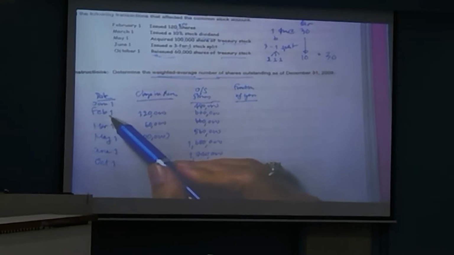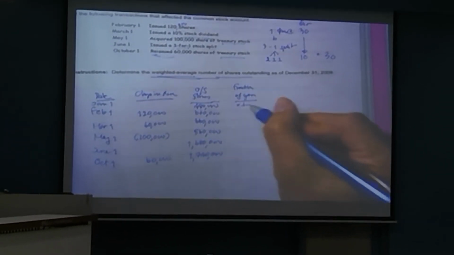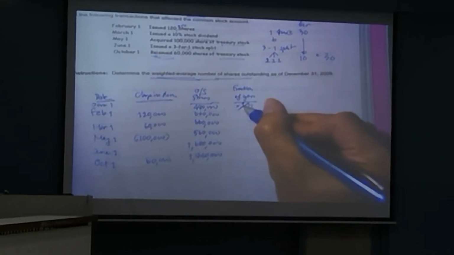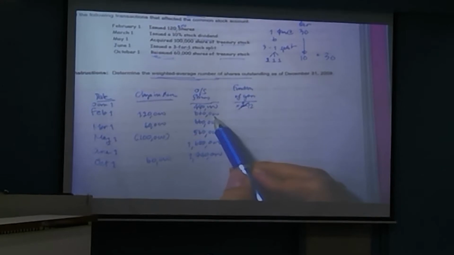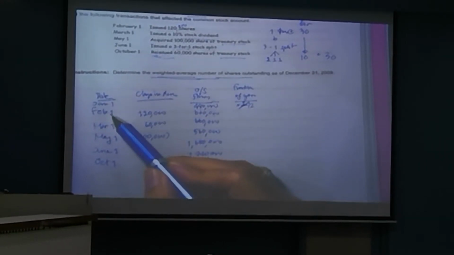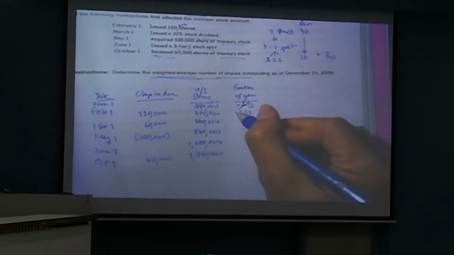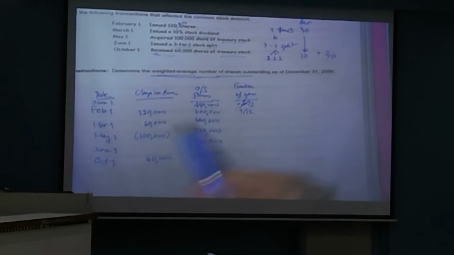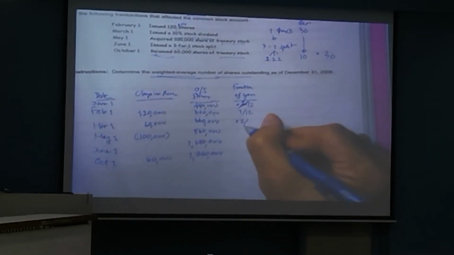From January 1st to February 1st, these 480,000 shares last for 1 month, 1/12. The 600,000 shares from February to March last for another month. The 660,000 shares from March to May, March and April, last for 2 months.